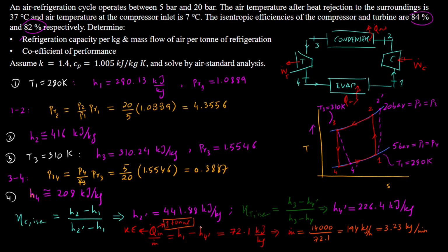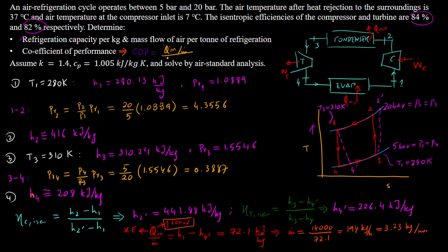And then we can go ahead and find out the coefficient of performance if we wanted to, because coefficient of performance is just a ratio of your refrigeration effect to the work done across the cycle. So it's a ratio of your Q dot N, or we could just divide by M dot, divided by work done across the cycle.